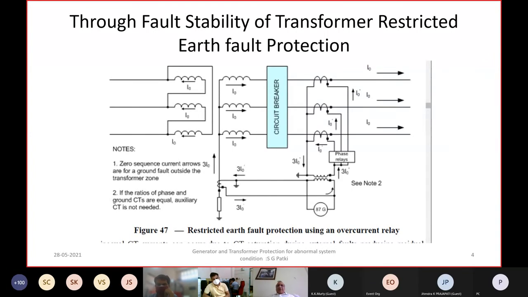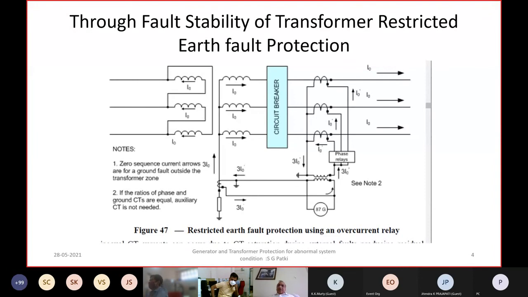Whereas in the transformer, one is on the HT side, it could be 220 kV or 400 kV, and the other one is on the LV side, which could be a generator transformer at 21 kV, or if it's an ICT or any other transformer, it would be a different system voltage. So by construction, CTs are different.